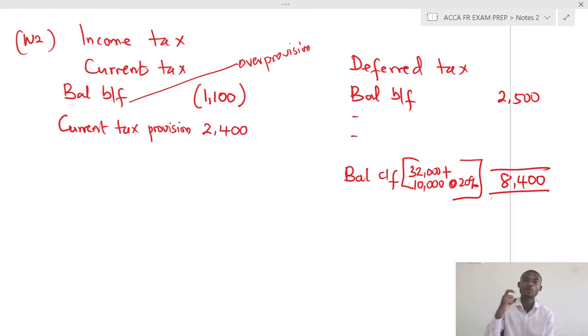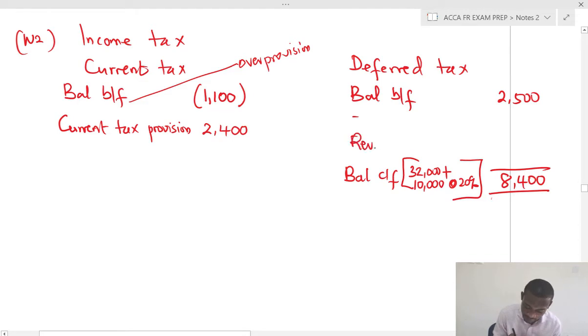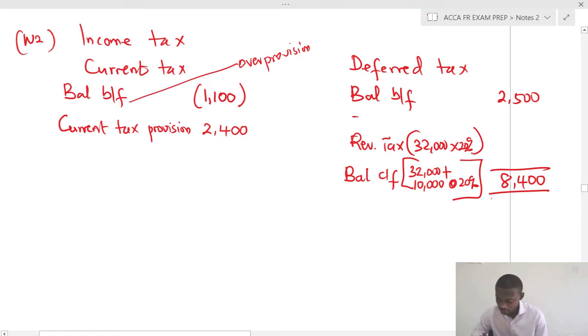It is the 8,400 minus the 6,400. So look at it. When you take this from this, you have 2,000 actually remaining, minus the actual opening balance. So this 2,000 minus 2,500, which is the opening balance.